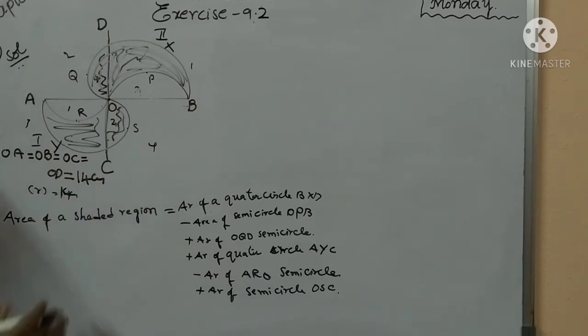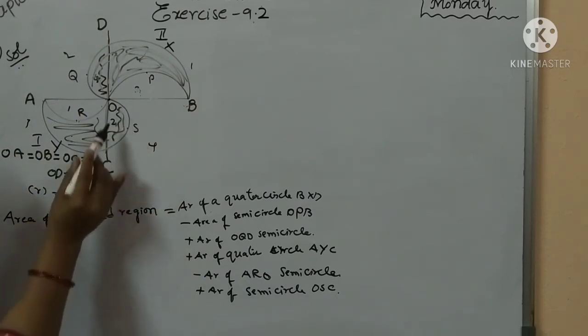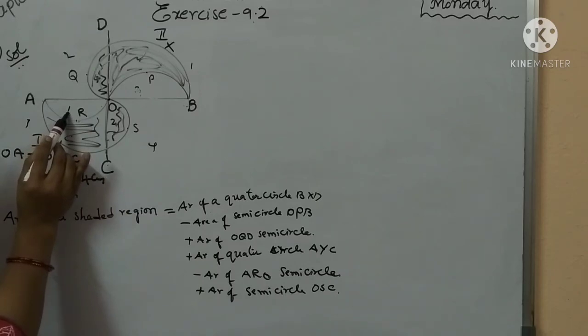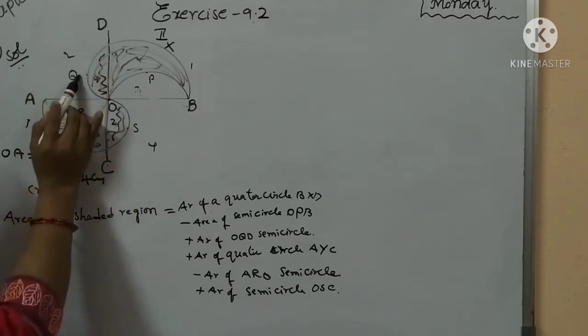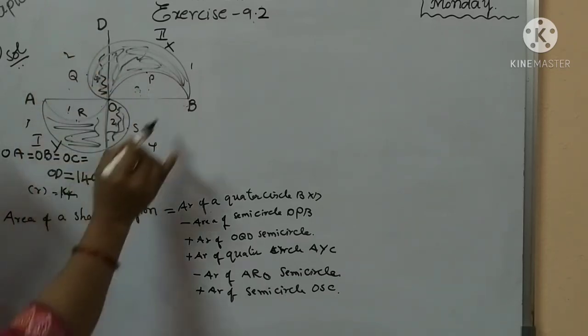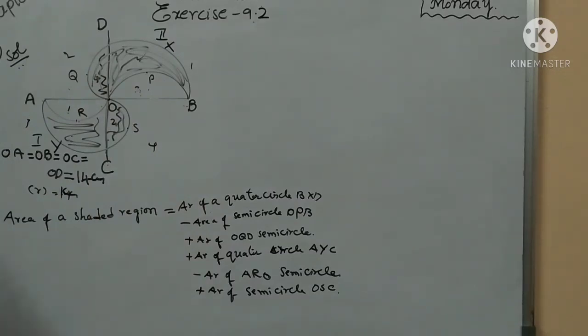Observe that, children, OSC is a semicircle adding here, and OQD semicircle is adding here. Totally how many circles are there here? So how can you write that? Totally area of quarter BXD and area of AYC.